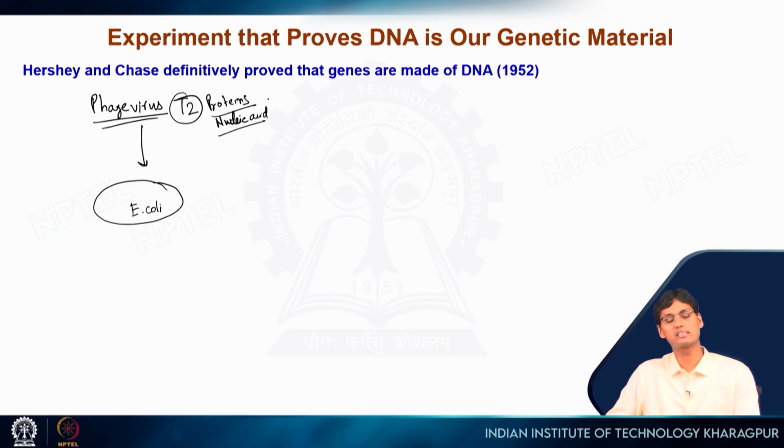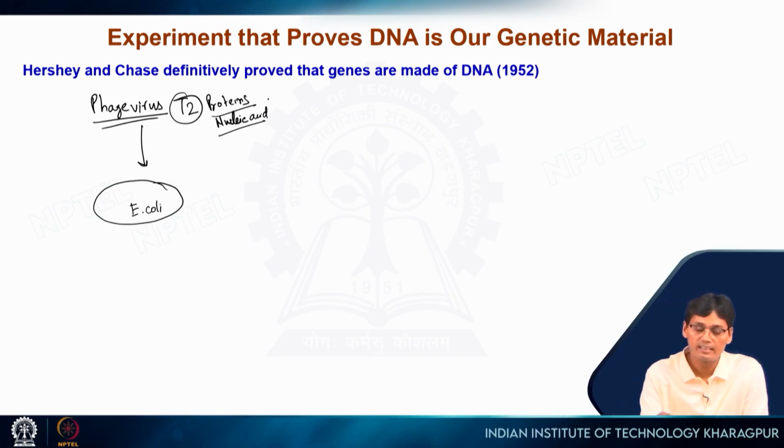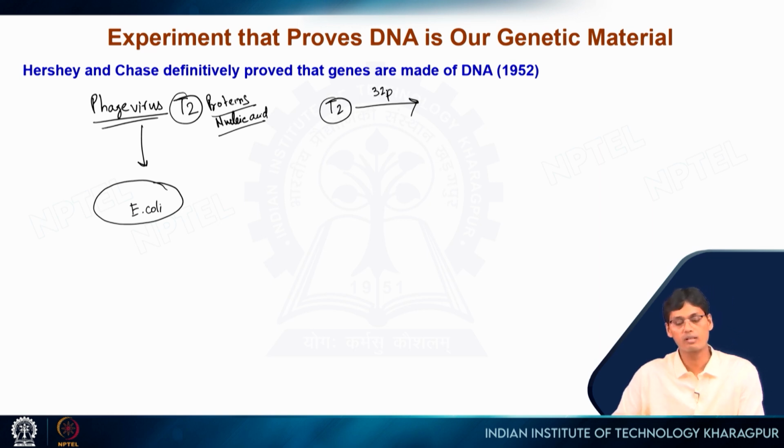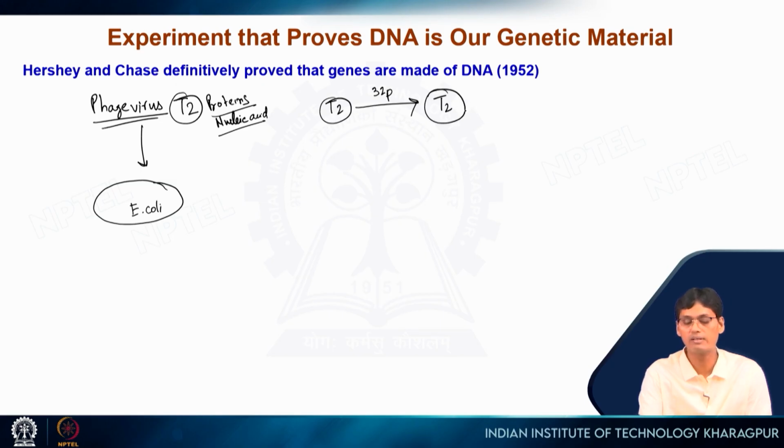Proteins and nucleic acid. Now, what they did was label T2 bacteriophage with radioactive phosphorus, 32P. In one culture, they developed this radioactively labeled T2, 32P-labeled T2.